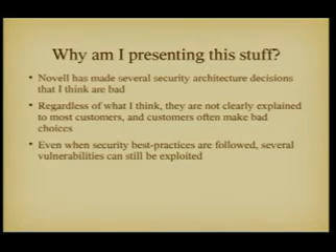Why am I presenting this stuff? Basically, I think Novell has made a few poor decisions in their architecture. They made some decisions that aren't really clearly documented. I find a lot of customers will implement the system as they think is best, and they don't really have any instructions on how to set up things securely.